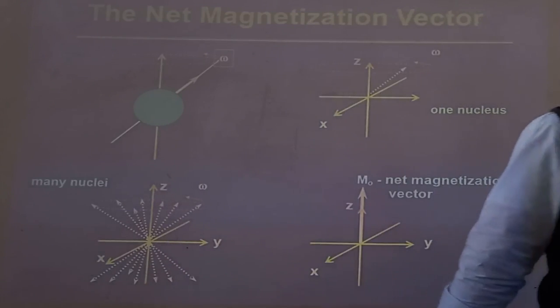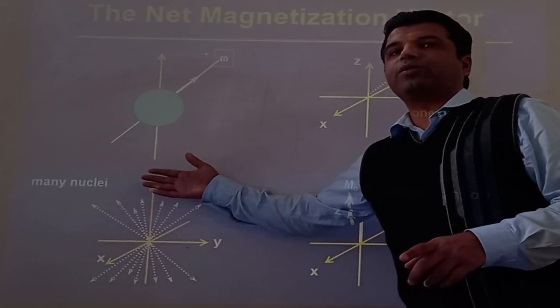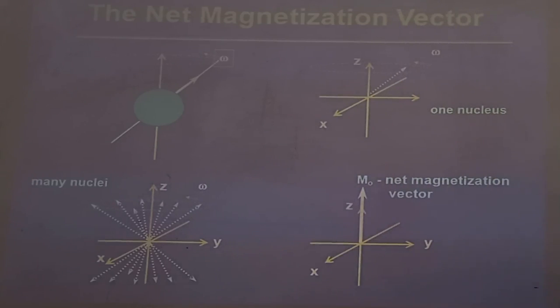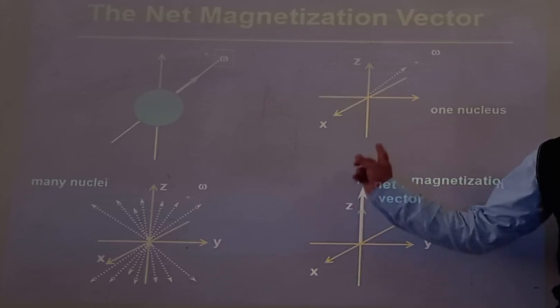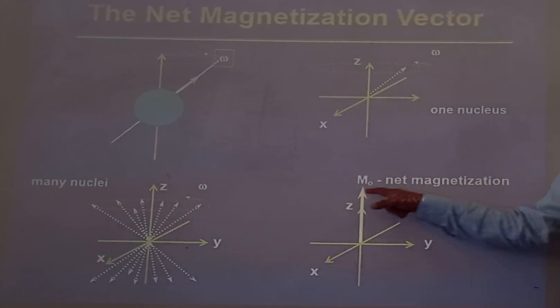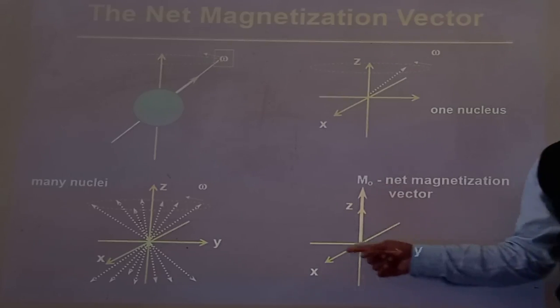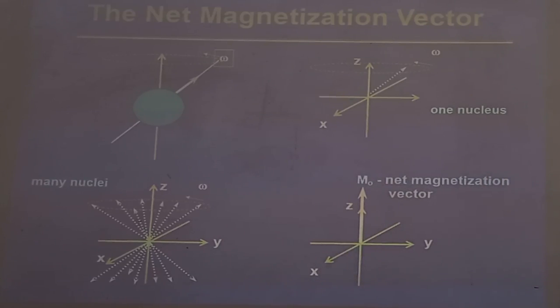The magnetic moments of these nuclei which are pointing down cancel the magnetic moments of these nuclei which are pointing up. But still, we are left with some nuclei which are still pointing up. So those excess nuclei in the alpha state have their own combined effect, and we show them with the help of this bold vector, bold arrow. We call it M0. M0 means the net magnetization vector.